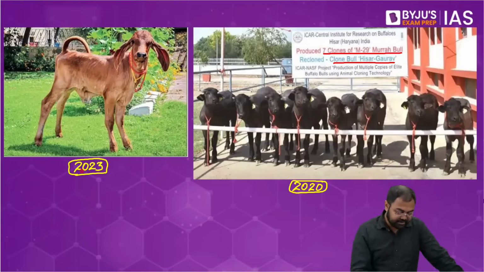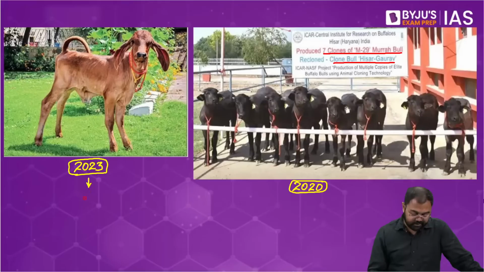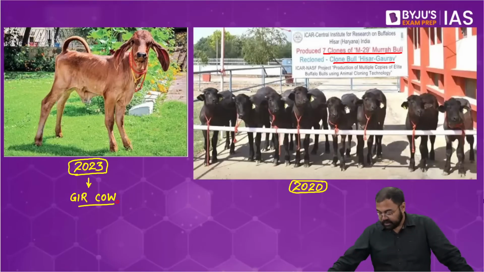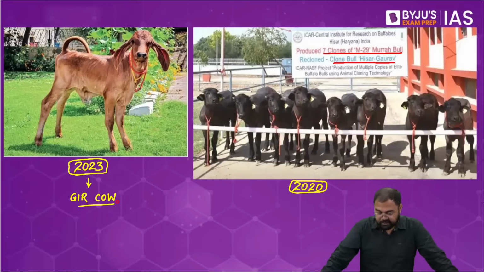Now this time the cloning has been done of a particular variant of cow called the Gir cow. In this particular scenario, the first time what we have done is a cloning of an indigenous cow variety.